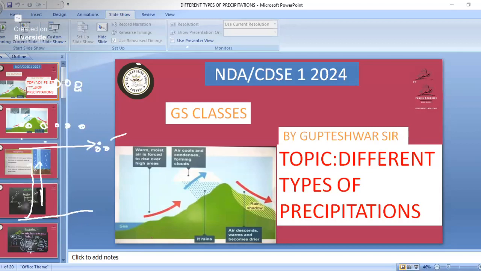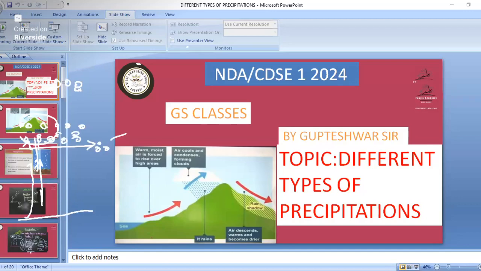Okay. So when some of the ice crystals come down, again this warm air will mix with them and take them upwards. Okay. So again by taking that updraft, there will be settlement of some more ice crystals.